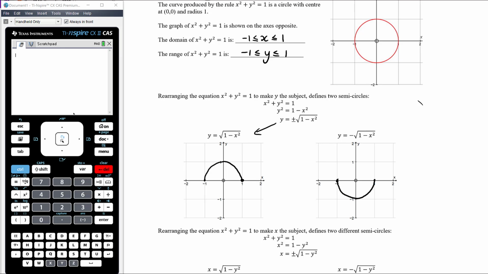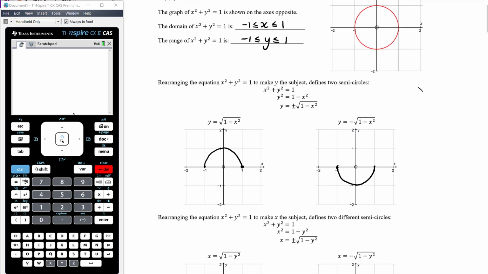So essentially our equation for the circle is made up of two semicircles, and when we manipulate it back to this form we get this much neater way of writing that equation without needing the positive and negative square root: x squared plus y squared equals 1. So y equals the positive square root of 1 minus x squared is the top half of the circle. y equals the negative square root of 1 minus x squared is the bottom half of the circle.